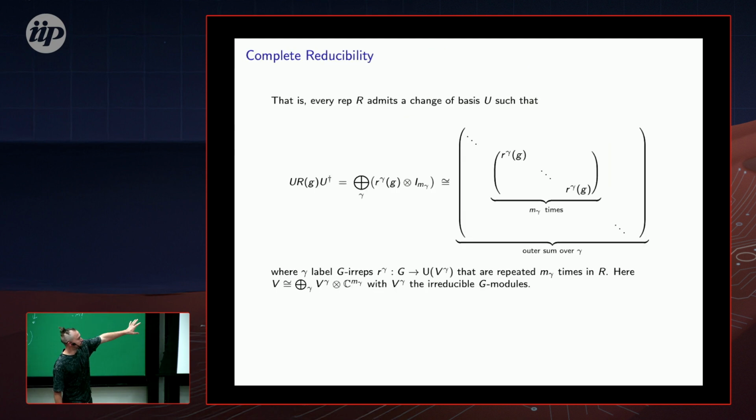More generally, for any rep, there's a U that will take me to a form where I have a big direct sum of blocks, and in each of these blocks, labeled by some gamma, I will have the same matrix repeated m gamma times.